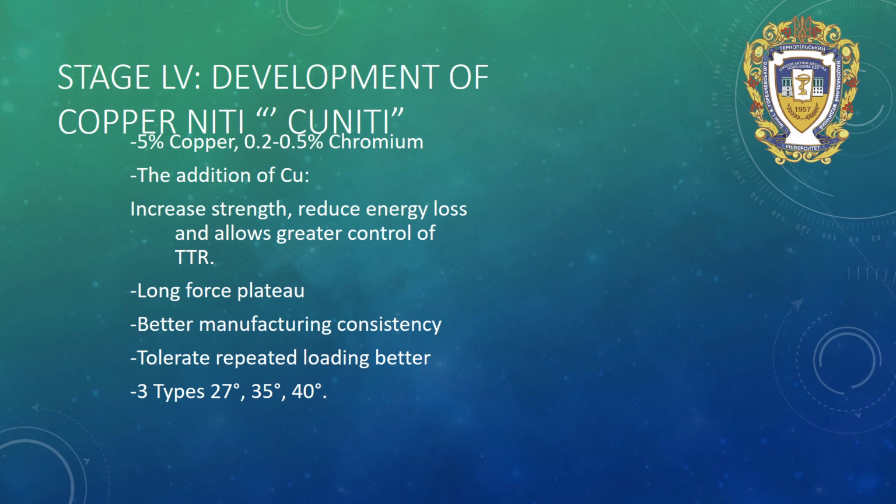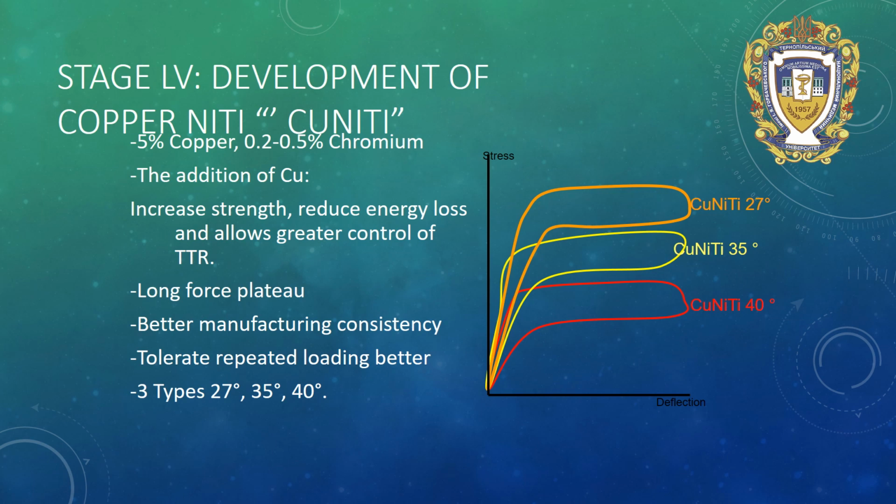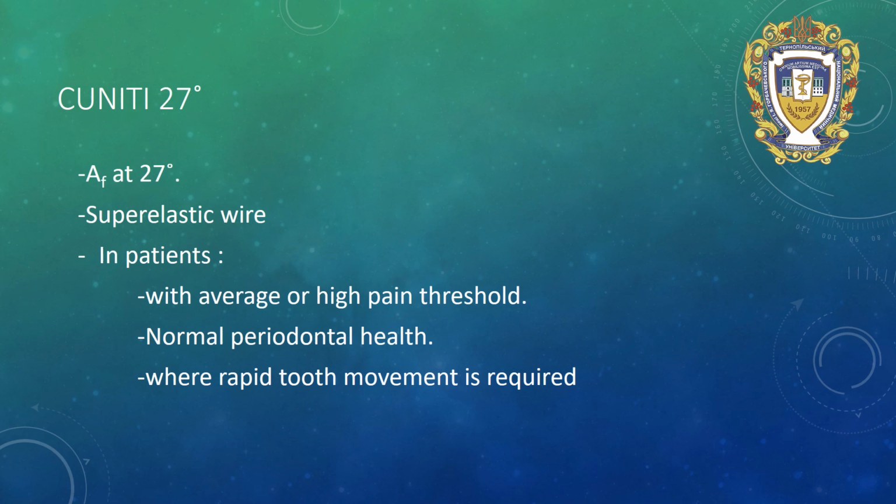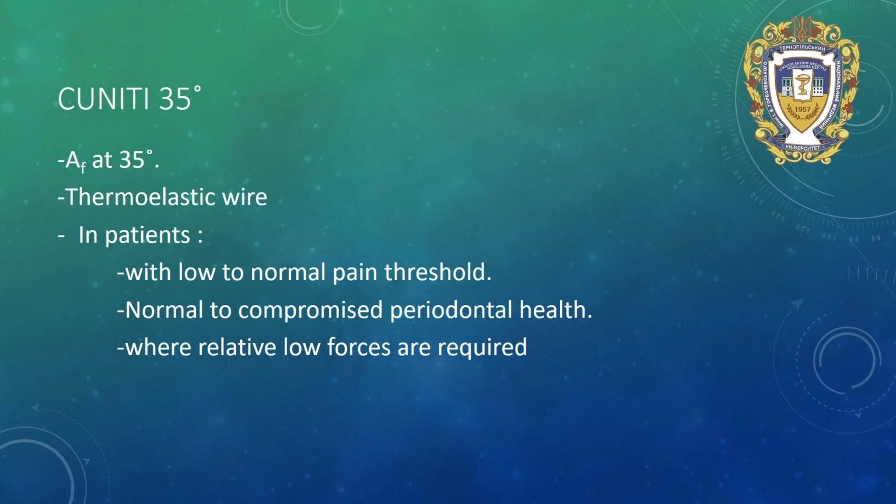Long force plateau, better manufacturing consistency, tolerates repeated loading better, and 3 types of temperatures, 27, 35 and 40 degrees Celsius, like here. 27 degrees: superelastic archwire in patients with average or high pain threshold, normal periodontal health, and where rapid tooth movement is required. 35 degrees: thermoelastic wire in patients with low to normal pain threshold, normal to compromised periodontal health, where relatively low forces are required.